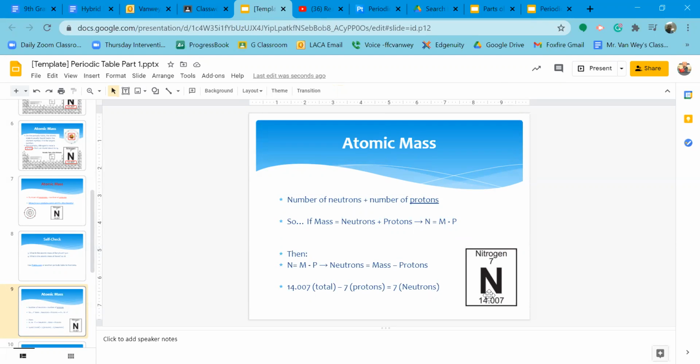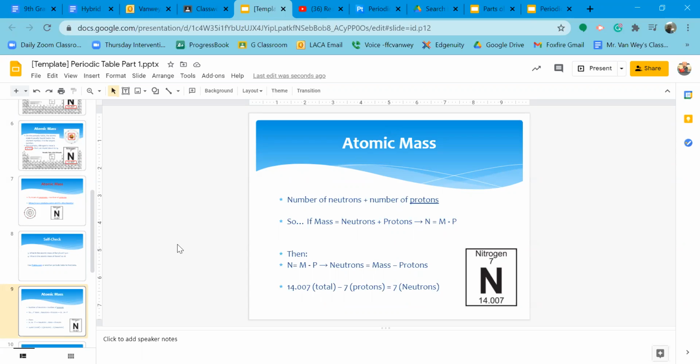So nitrogen has an atomic mass of 14. We'll call that 14 because we can round. Okay. We subtract the 7 protons that we know are there, and that tells us that on average nitrogen has about 7 neutrons. Okay. 14 minus 7 equals 7.